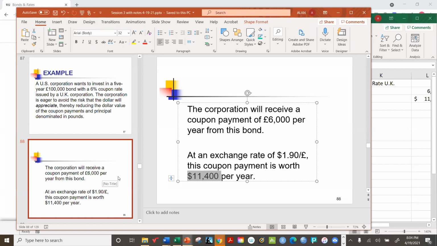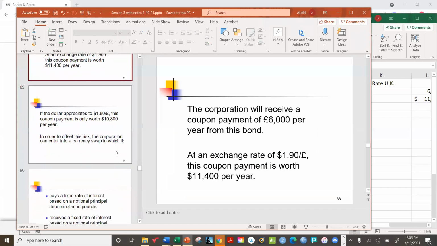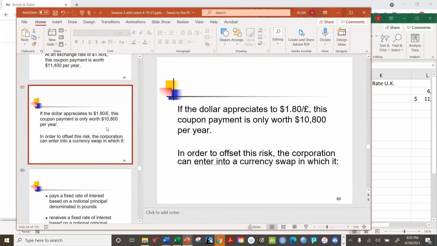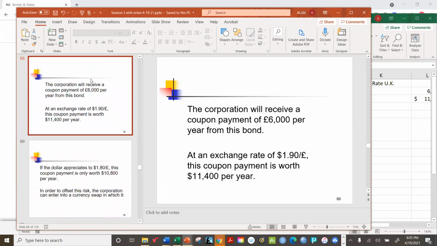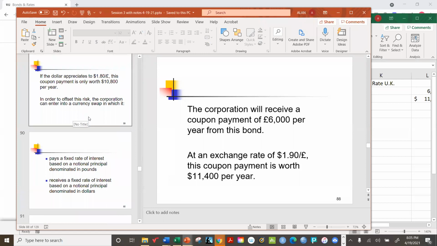Now, there's the rub, though. There's no guarantee that this will stay the same throughout the lifetime of the swap. So what do we do about it? And by the way, this is what I said before. If the dollar were to strengthen to $1.80 a pound, then this coupon payment would only be worth $10,800 US. So that's what we worry about when we enter into one of these agreements. So what can we do?